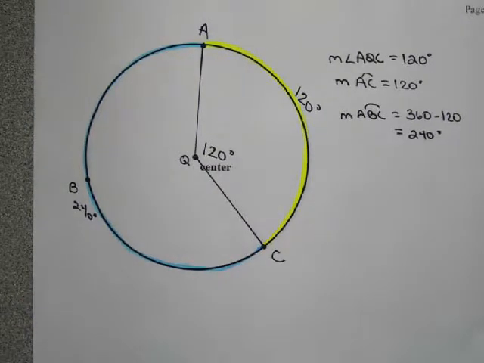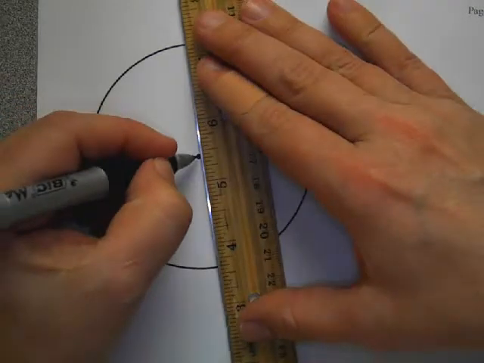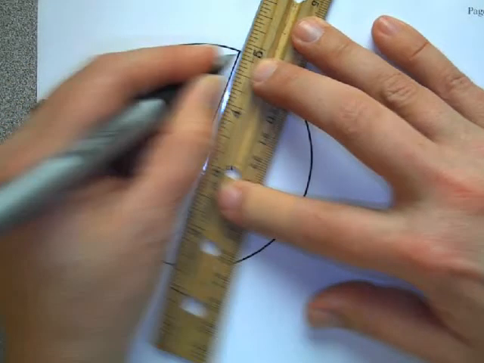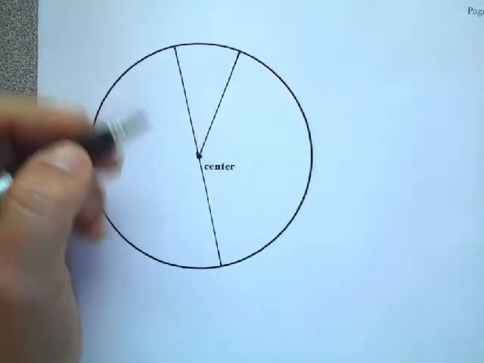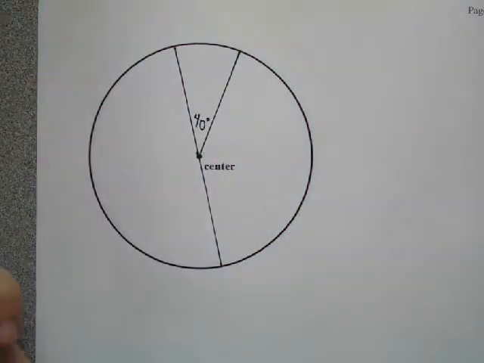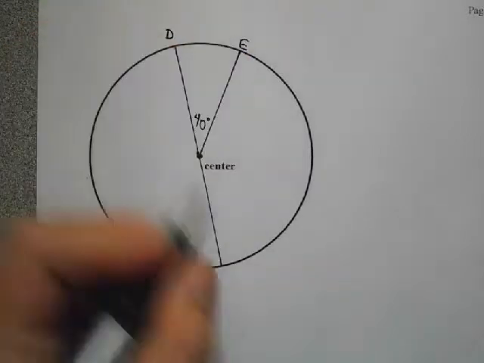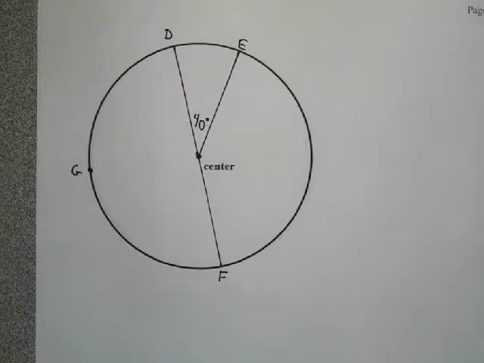So you can do a lot of these kinds of problems. You can cut off more than one central angle. So for example, let's say this angle is 40, and we'll just call this D, E, F, and we'll put G right here.